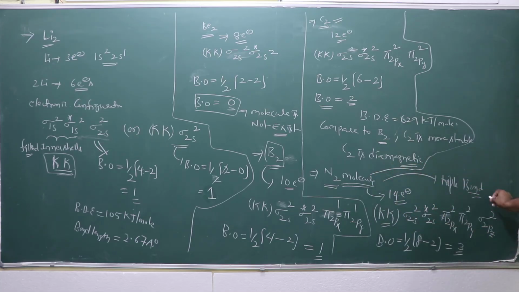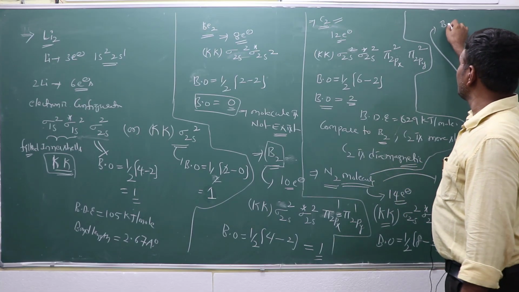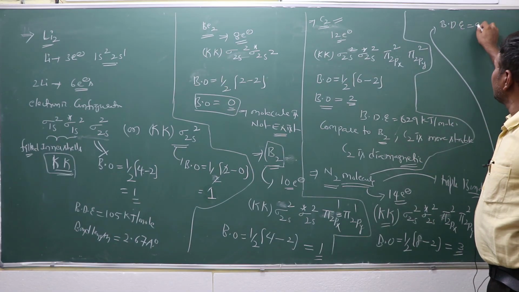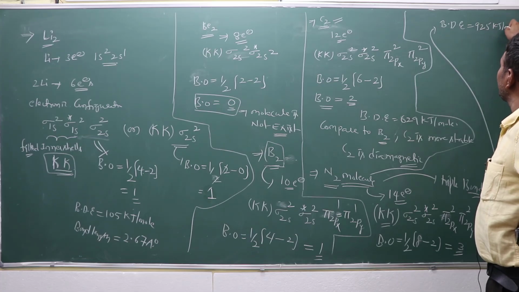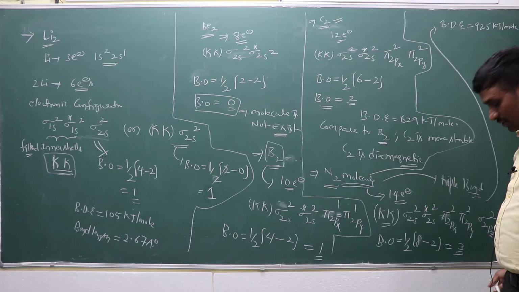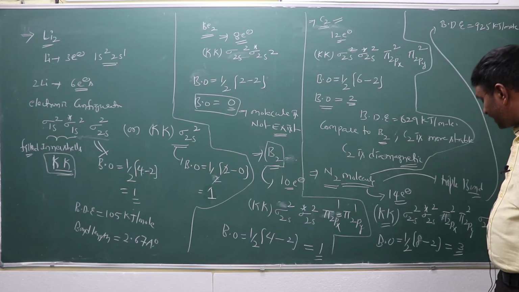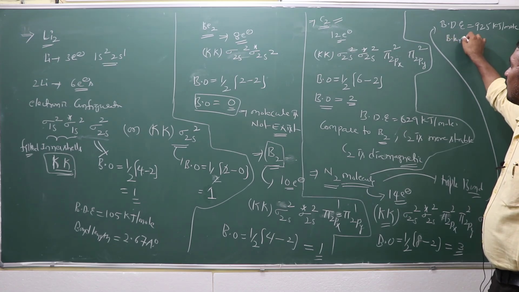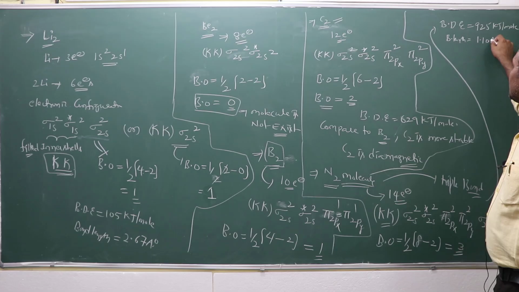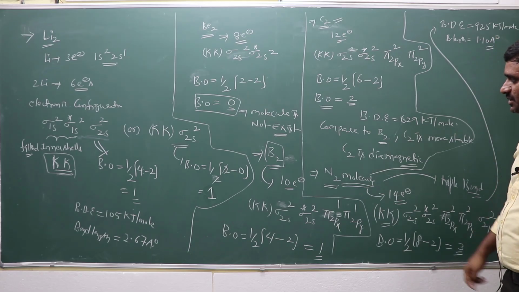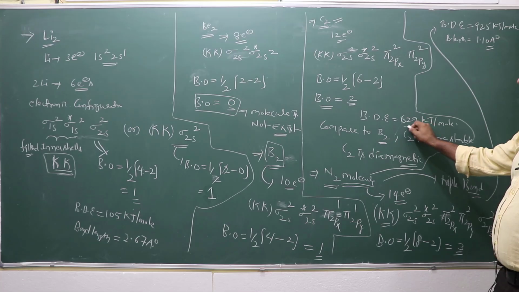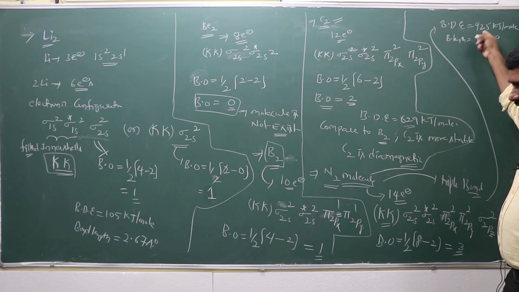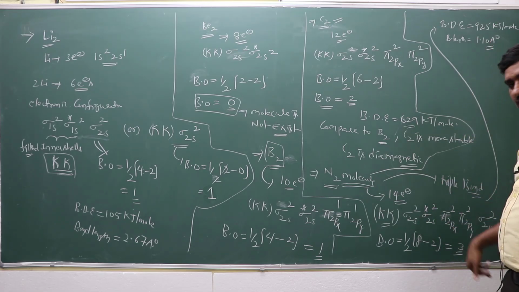The triple bond is existing in the molecule, and bond dissociation energy is nearly 925 kilojoule per mole, that is 925 kJ mol inverse. And bond length is 1.10 angstroms. Compared to C2, bond dissociation energy is more, and there are more bonding electrons.